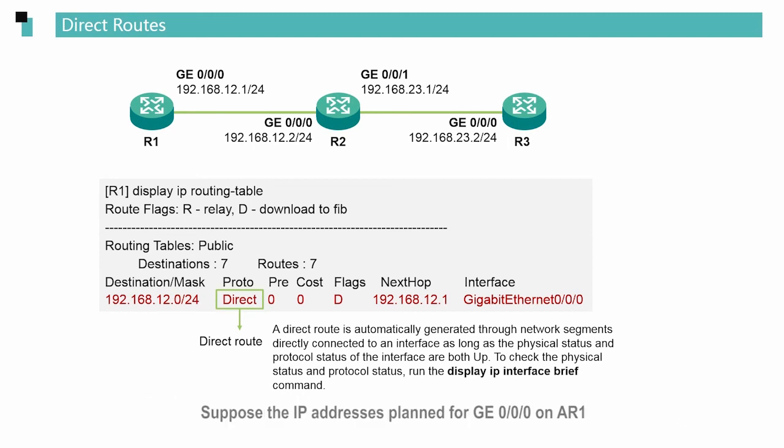Suppose the IP addresses planned for GE0/0/0 on AR1, GE0/0/0 on AR2, GE0/0/1 on AR2, and GE0/0/0 on AR3 are 192.168.12.1/24, 192.168.12.2/24, 192.168.23.2/24, and 192.168.23.3/24, respectively.